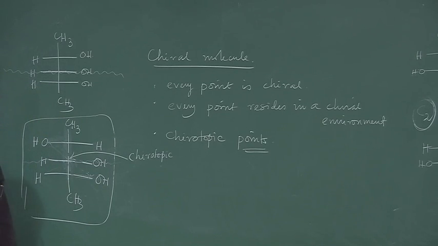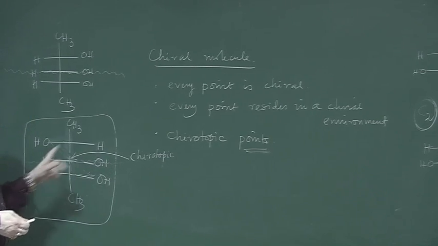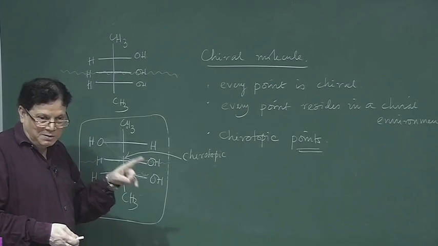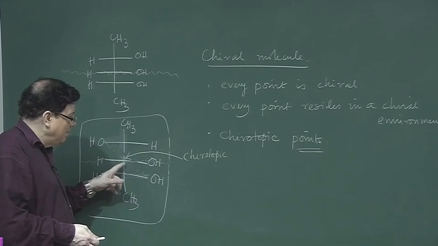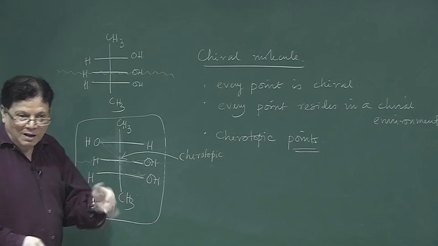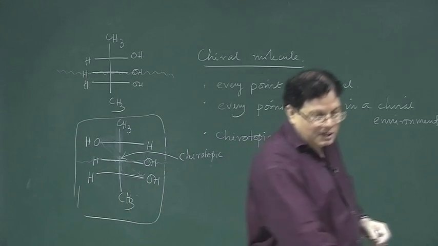Now, how to proceed or how to answer that? What you do is interchange the position of two groups and see whether you are getting a different stereoisomer compared to the original or not. If you get the same thing, that means it is non-stereogenic. Okay. So, let us do that.